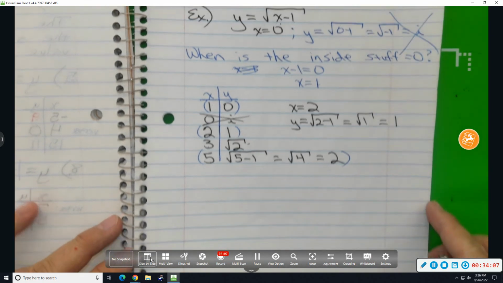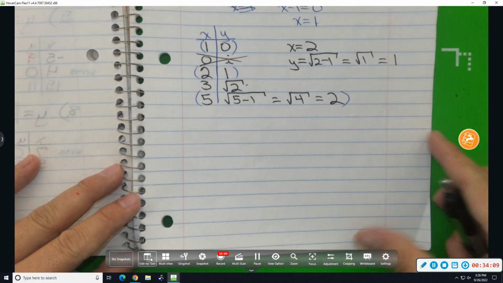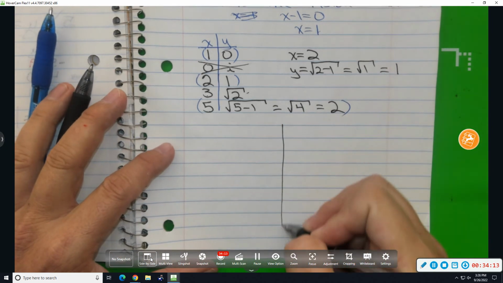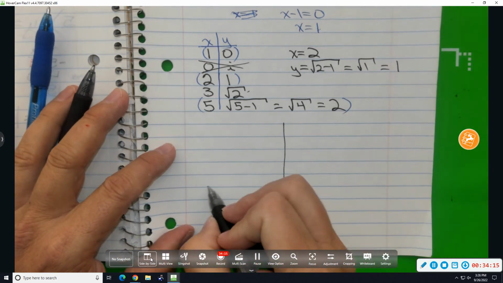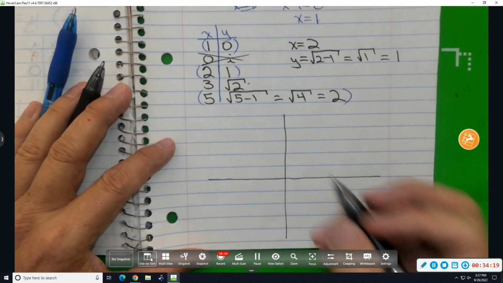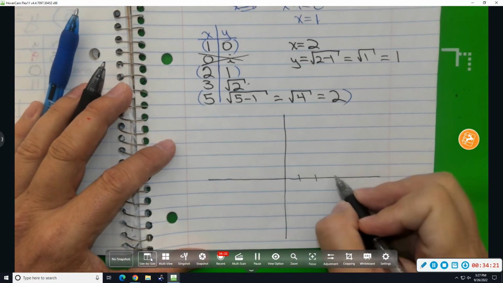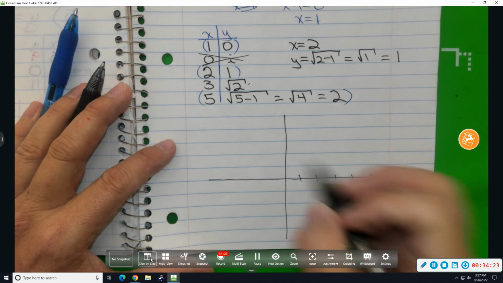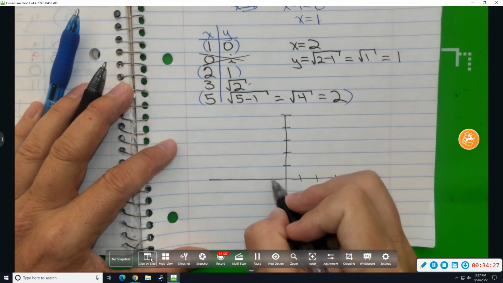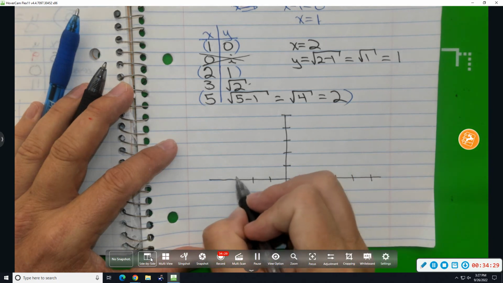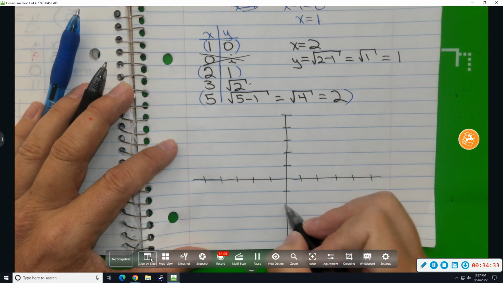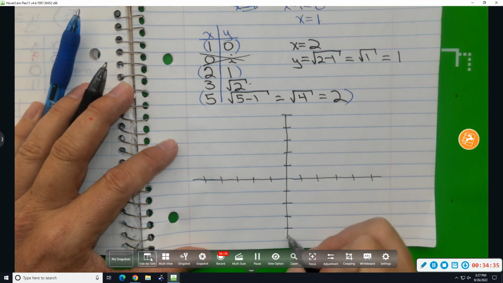We're going to have to draw our XY grid. Since I made this problem up myself, there's not a grid to graph it on, so we draw our XY grid.